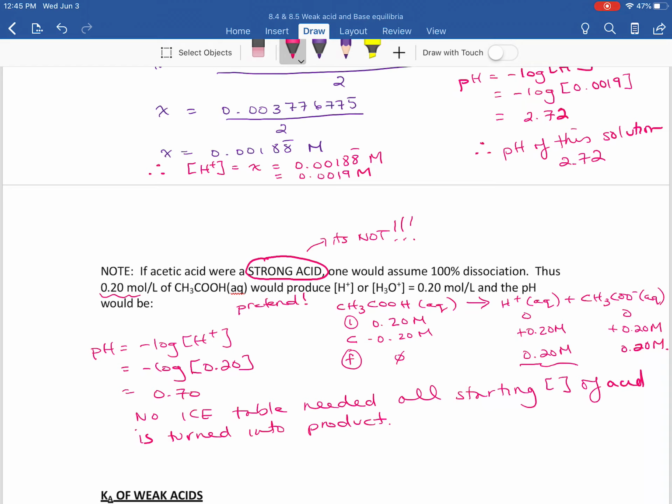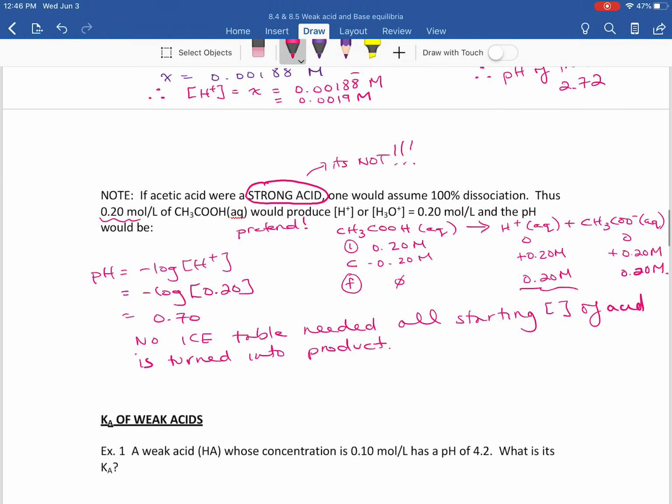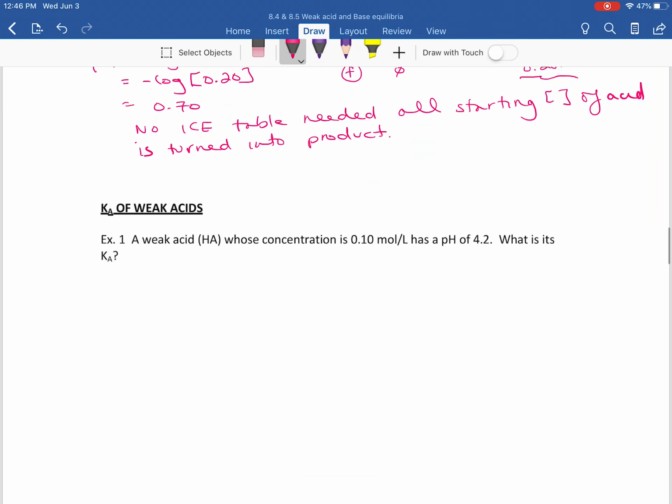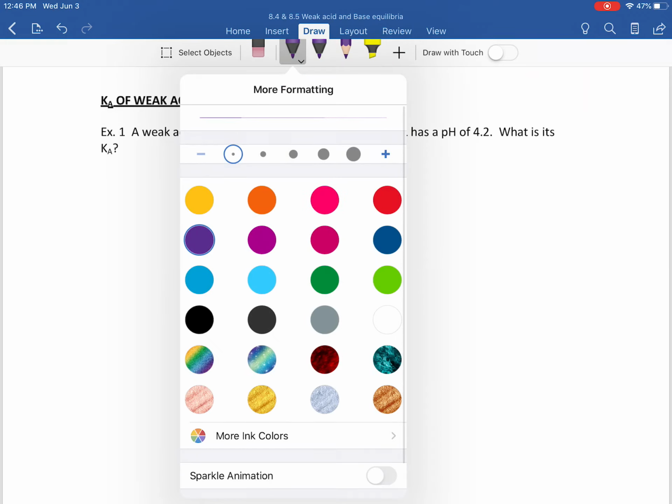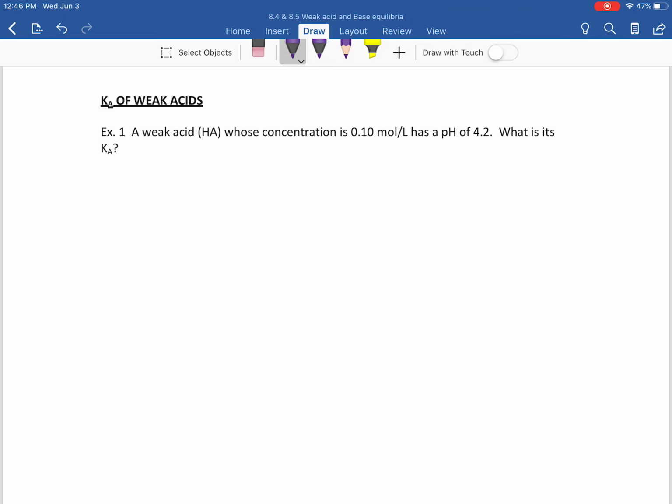Okay, how's that? Good? All right, one last type of question for weak acids. So let's take a look at this. Don't want to overuse the pink, want to save that for special, so we'll go back to purple. Okay, so a weak acid whose concentration is this has a pH of 4.2.